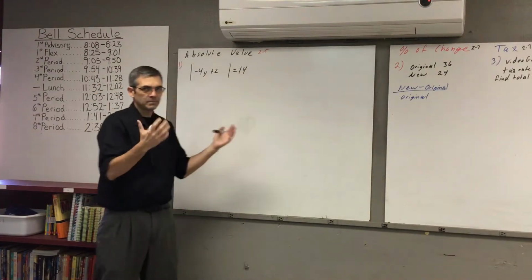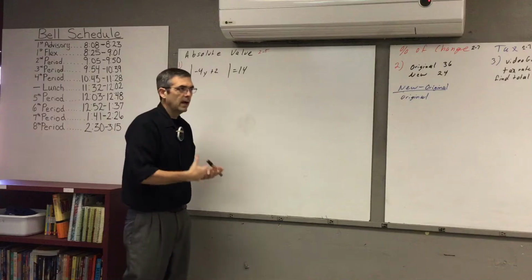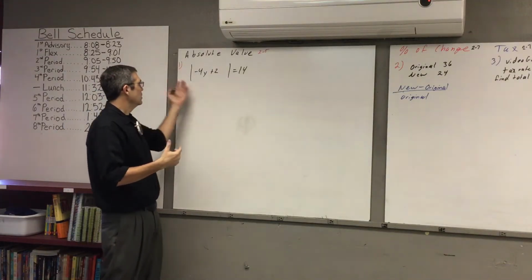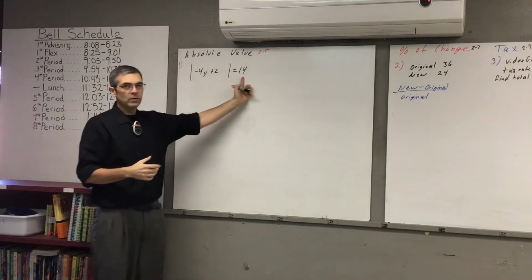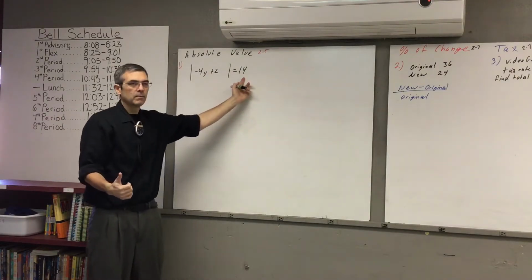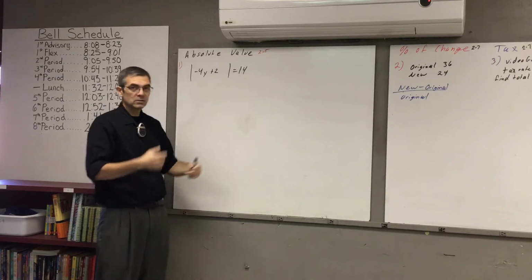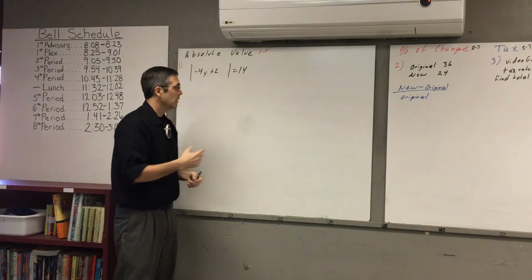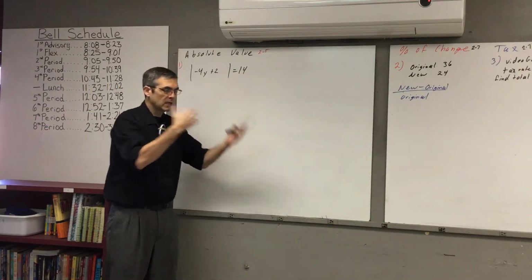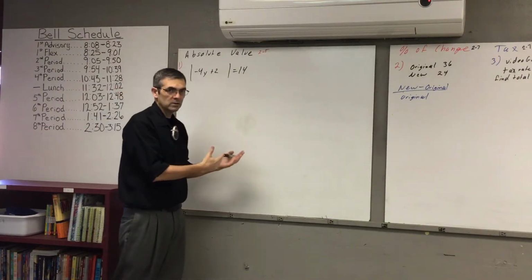Because we understand absolute value is the distance from 0, and it can't be negative. It's going to come out as a positive number. So once you've isolated this, you look over here and ask, is that a positive number or a negative number? Since this is a positive number, this is going to have 2 solutions. If it was a negative number, it would have no solutions.